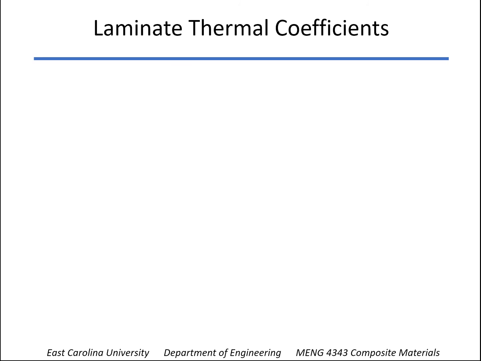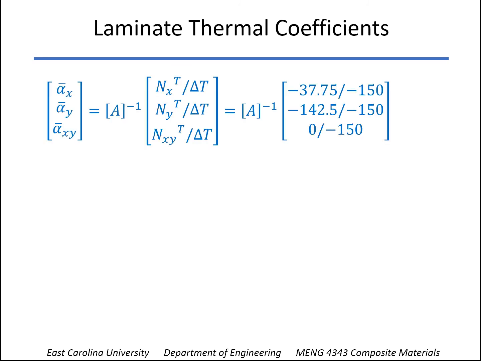Now we can also calculate the thermal coefficients of the laminate. And remember, for doing that, we use the inverse A matrix, the thermal loadings, n sub xt, n sub yt, etc., and divide those by the temperature change, multiply by the A inverse matrix.